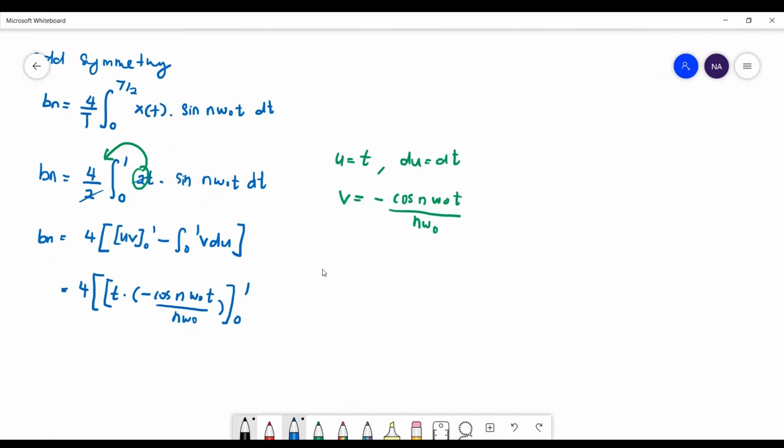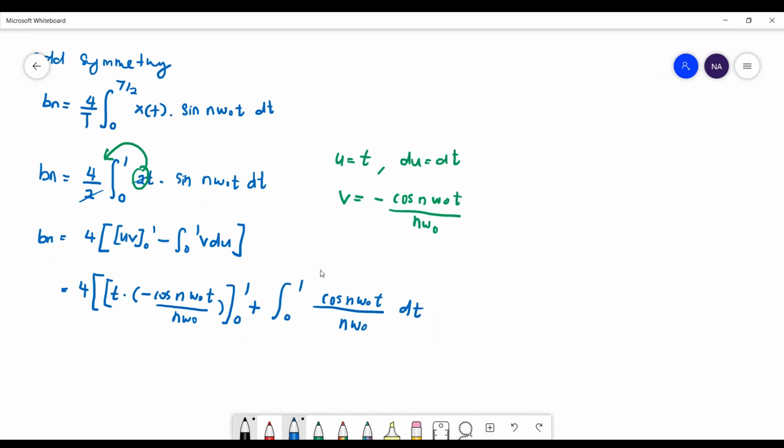You just put the range later, and then you need to integrate from 0 to 1. So this one is negative cos. Later on I will put the negative. So du is dt. Actually this one has a negative here, right? So I don't want to put the negative there, but I would like to put a positive here, since negative times negative will produce positive.